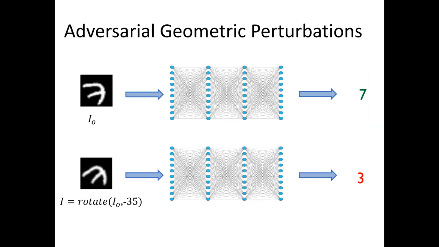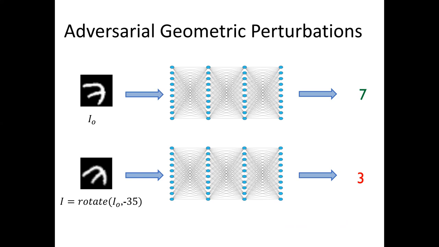So you don't get the idea that there are only noise-based perturbations to the pixels of an image, consider geometric transformations, geometric perturbations. You could talk about adversarial geometric perturbations by, for instance, taking an image of a 7, labeled I0 on the top left, and rotating that image by some degrees, in this case, negative 35 degrees.